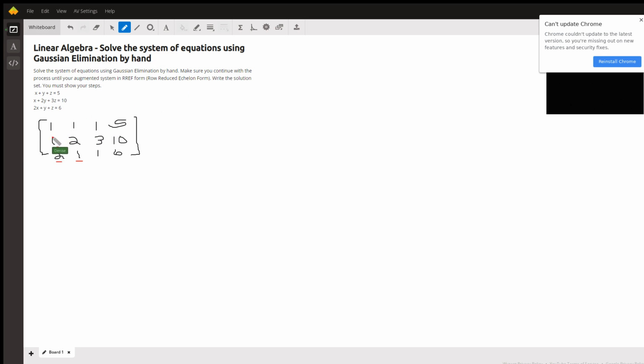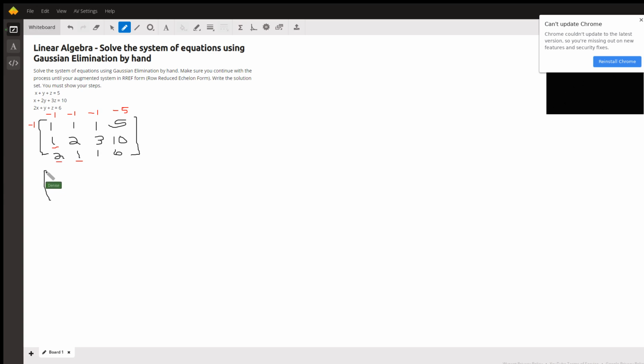So if we want to add these first two rows together, we have a 1 and a 1. We need the opposite sign, so I am going to multiply this top row by -1: -1, -1, -1, -5. And then I'm going to add this modified row 1 with row 2 and get that result.